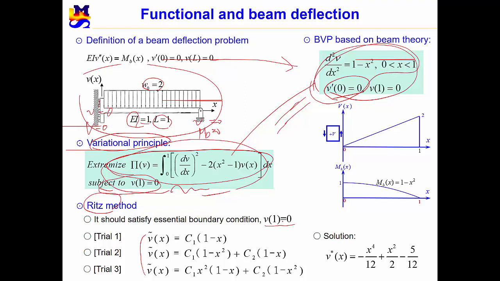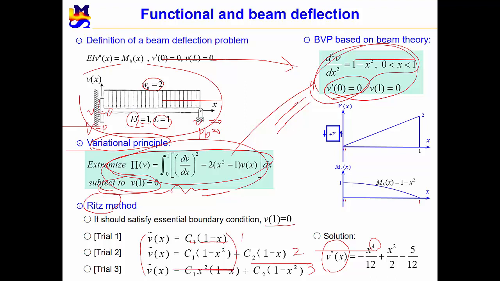You know, the exact solution is a fourth order polynomial, but the three trial functions are linear, quadratic, or cubic functions respectively. So we cannot obtain the exact solution at all in this case.